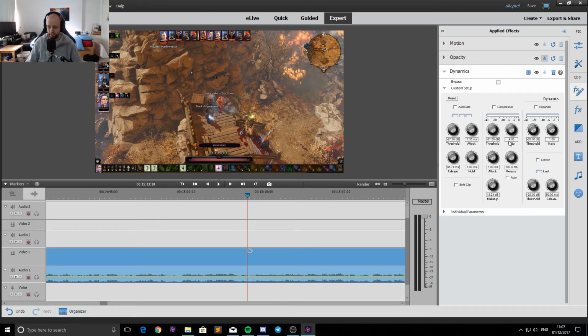But 4 does mean that we're going to be losing some of the overall volume, and so that's why I have a pretty significant makeup gain. This is just a gain boost, and this is what allows the music and the quiet sounds to come up and meet the level of my voice, which is usually higher. So let's apply this right now, and let's go back and hear what that section sounds like.